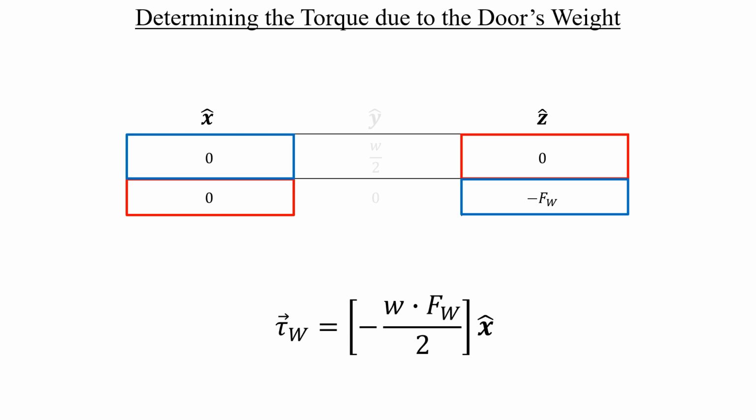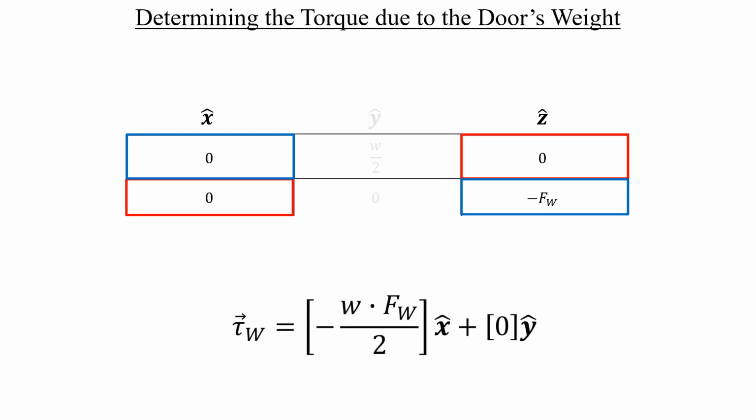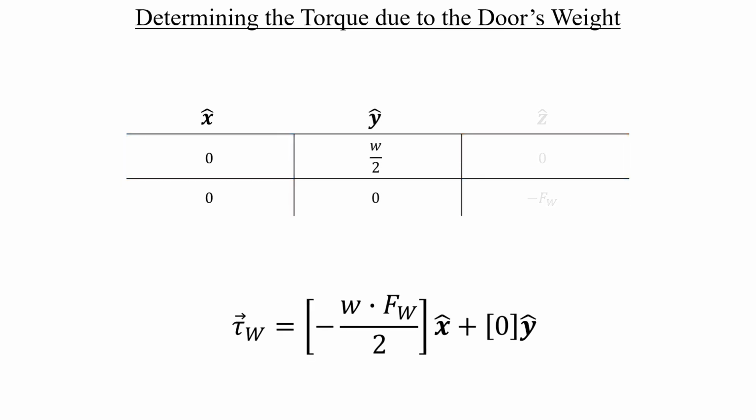Like before, take the red result minus the blue one, and then simplify it to get the y component. Let's move on and ignore the final column next. Our red product will come from these two cells here, and the blue product from the other two.